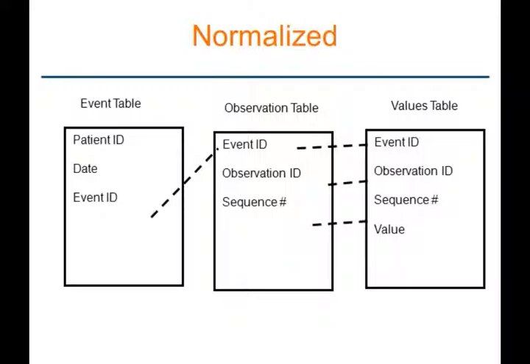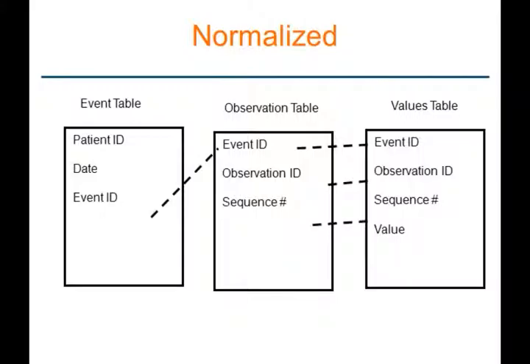So in this structure, you have a few events. Within those events you may have multiple observations, and then within the observations you have the values mapping back. And the challenge here is that when it's normalized correctly, you wouldn't be storing redundant data across the different tables.